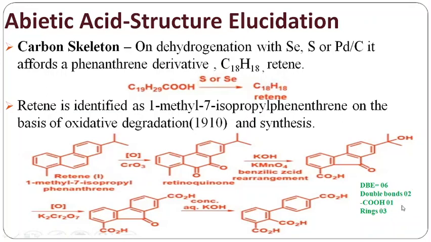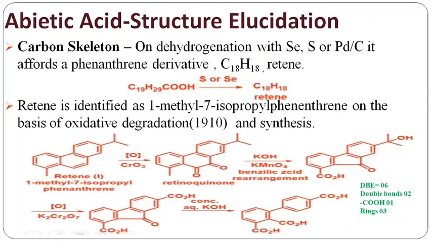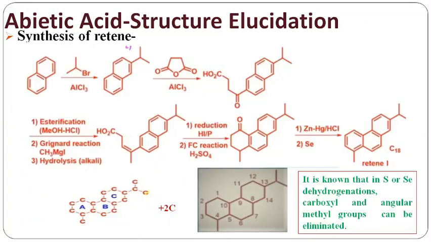There is one carboxylic group, which corresponds to 1 double bond equivalent, and finally, as abietic acid contains a phenanthrene ring, that means phenanthrene contains 3 rings which corresponds to 3 double bond equivalents. Thus the total of 6 double bond equivalents has been confirmed.